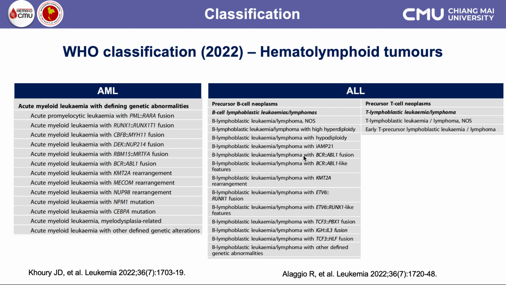For AML, fusion gene rearrangements or specific mutations of a particular gene, such as NPM1, are classified. For ALL, both B and T cell ALL utilize specific genetic alterations for classification.